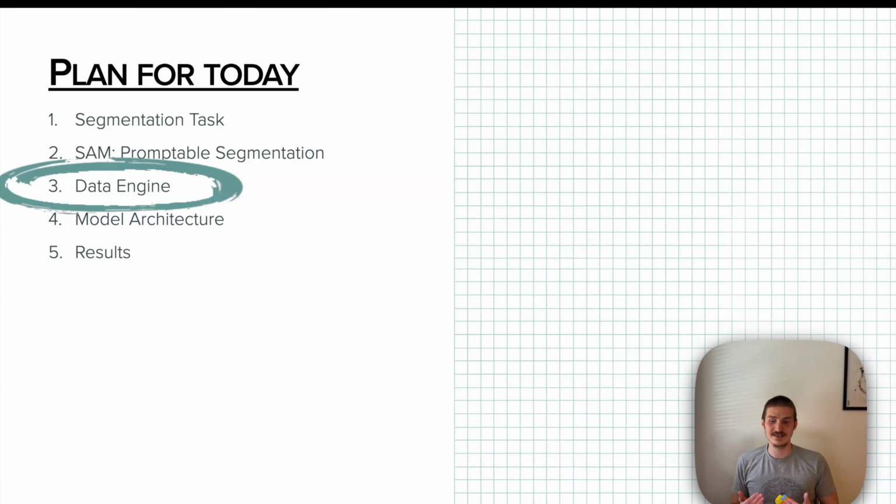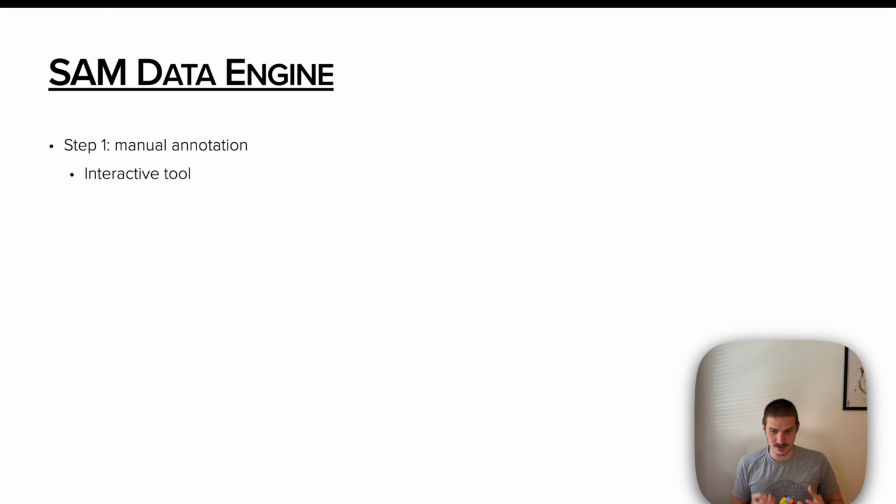And so one of the reasons why they went for such a specific task is because it allows them to build an effective data engine to collect a lot of data. The way it works is basically in 3 stages. The first stage is purely manual annotation. So we have actual people, we have an interactive tool to actually plot the pixels that belong to different objects.